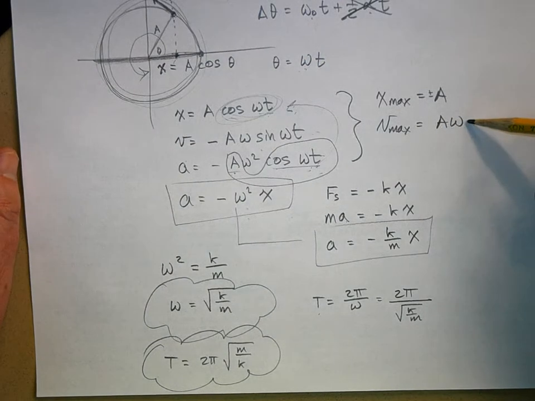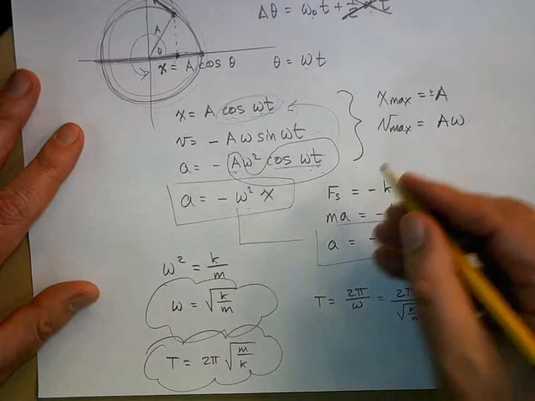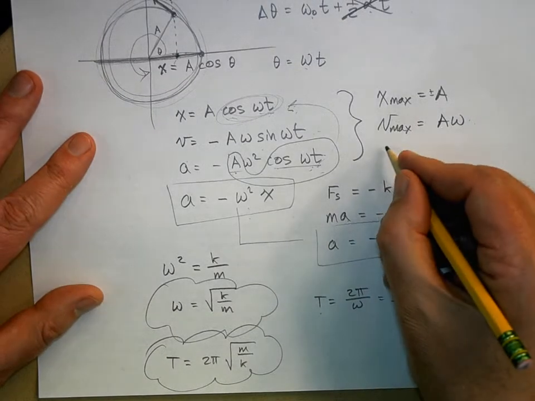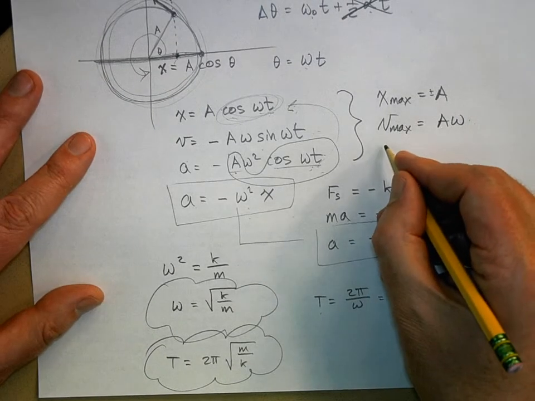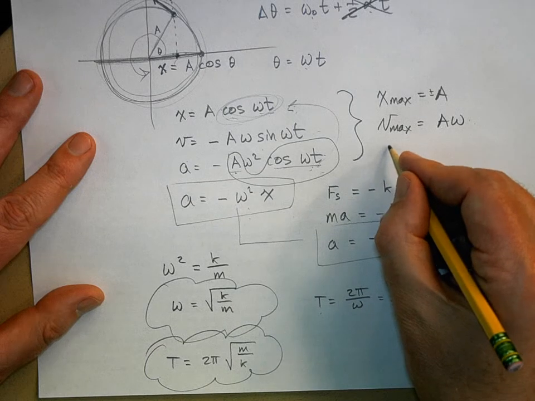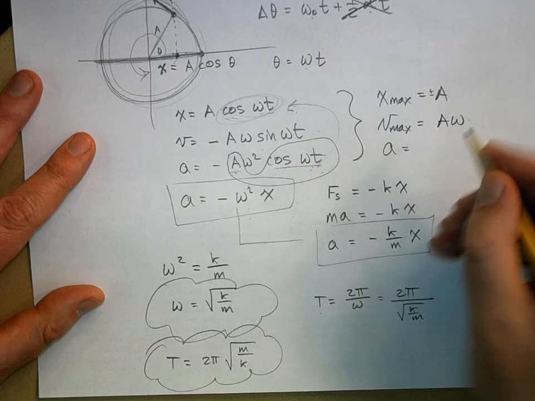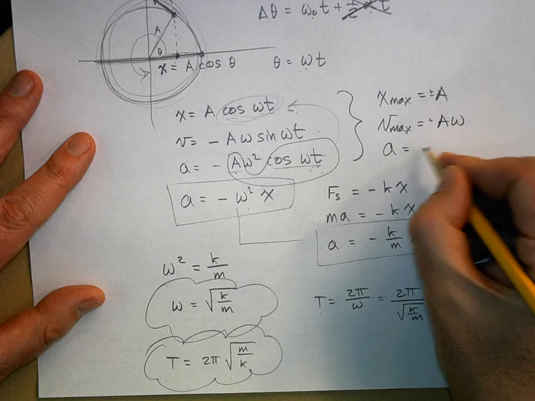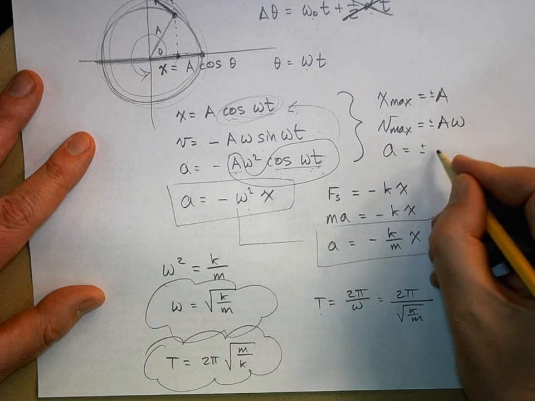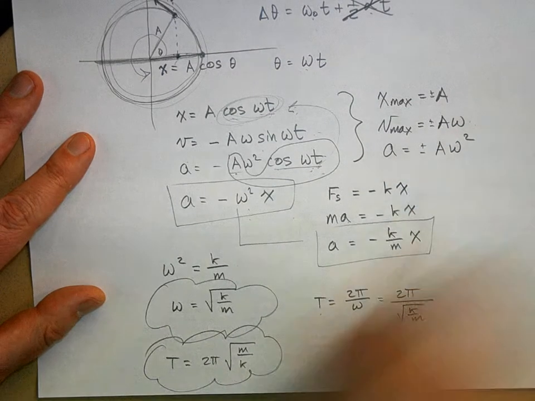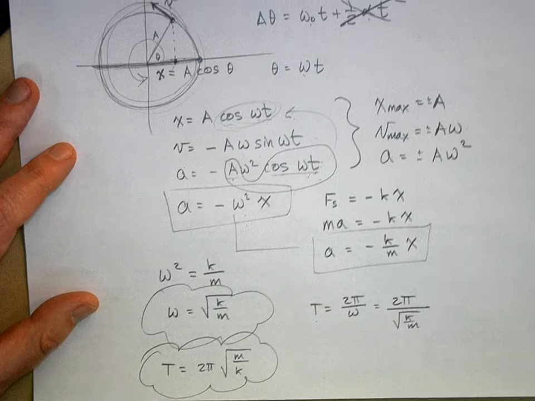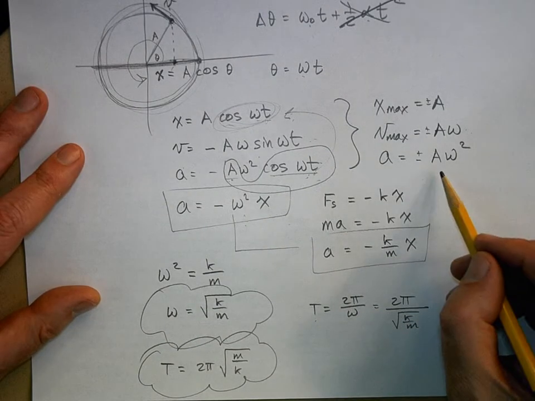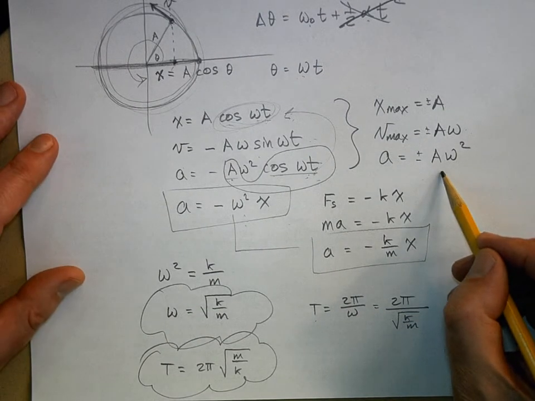And then our acceleration, the x component really of that acceleration, is plus or minus A omega squared. And this gives you the direction of the maximum acceleration that you're going to get.